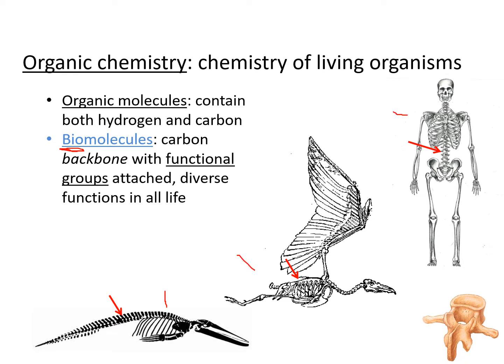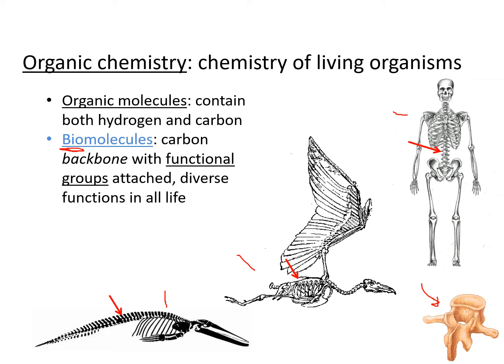And what they all have in common, among other things, is that they all have a spine. Right? The spine happens to be made up of subunits called vertebrae, which all generally have this general structure. This one in particular is a human vertebra, but in general a vertebra is a vertebra. Okay? So the spine is made up of subunits called vertebrae.